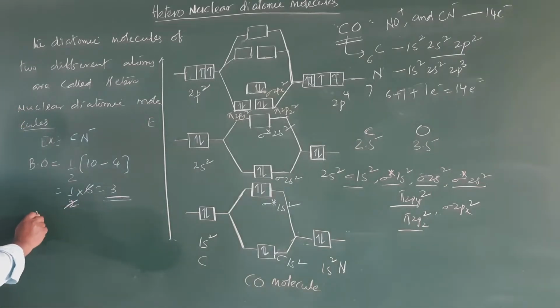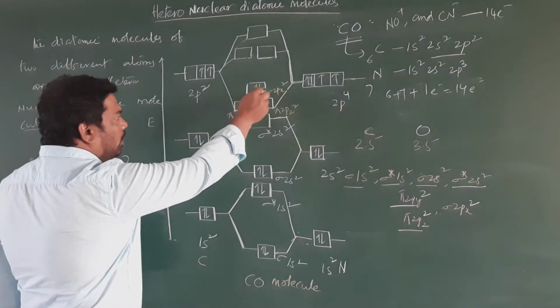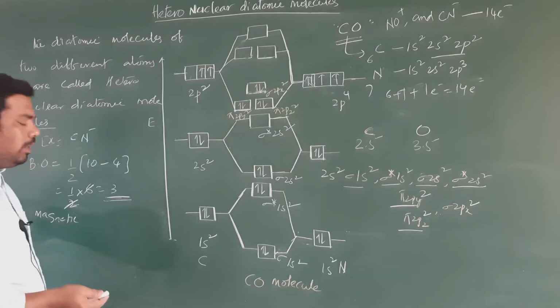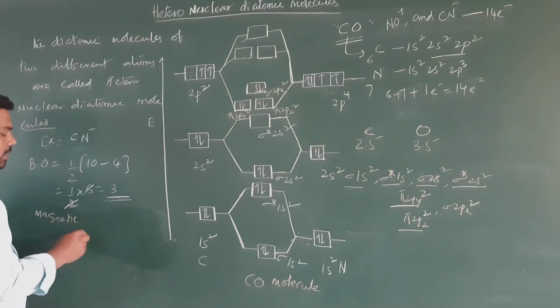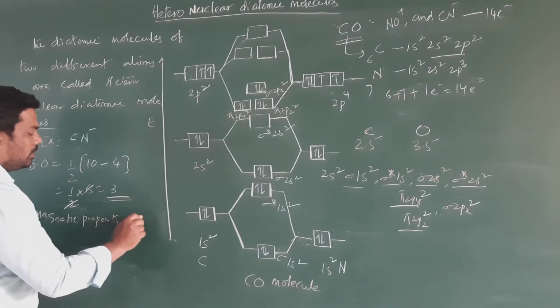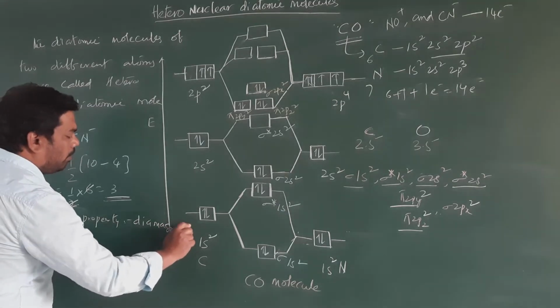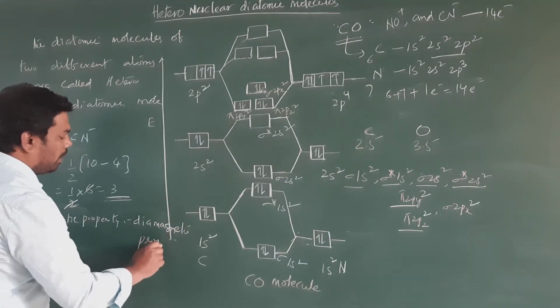Okay, so the magnetic property we know very well, student. Already the CO molecule exhibits the diamagnetic property. So the same CN minus molecule also exhibits diamagnetic property.